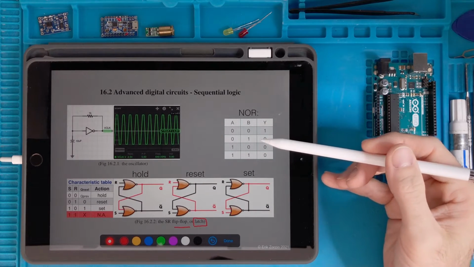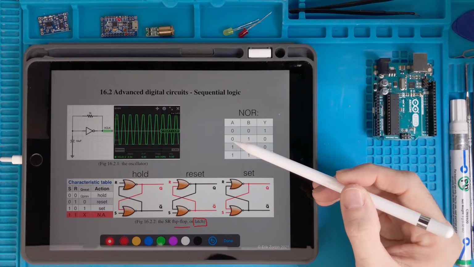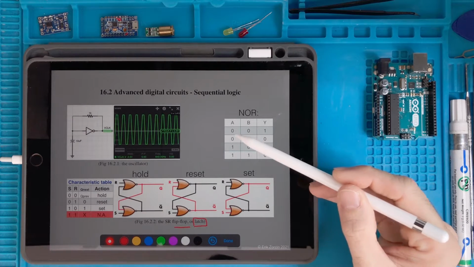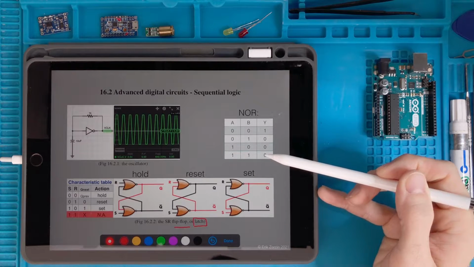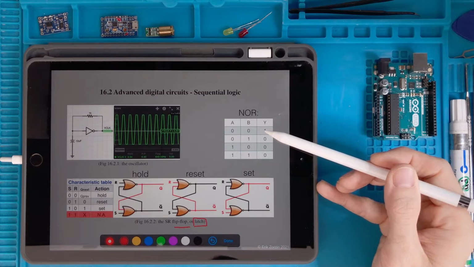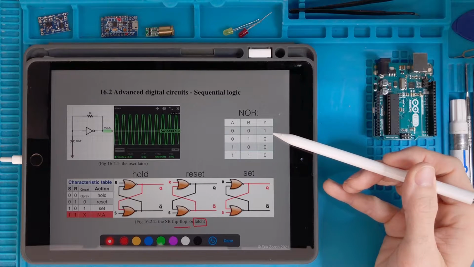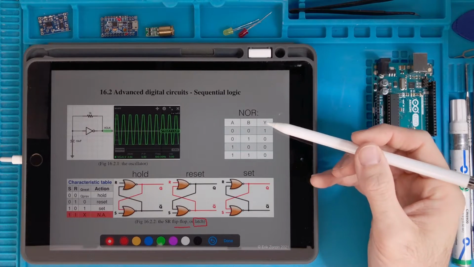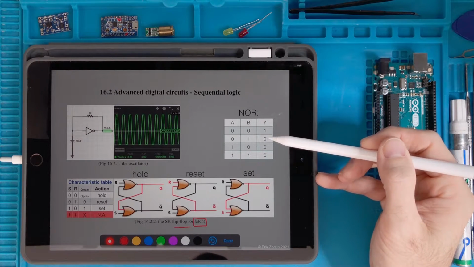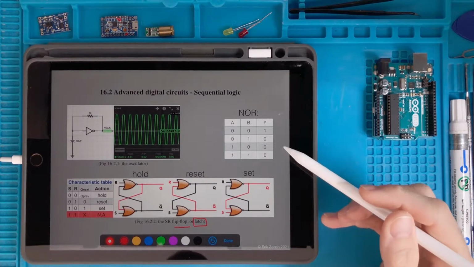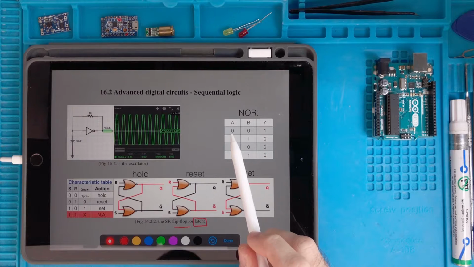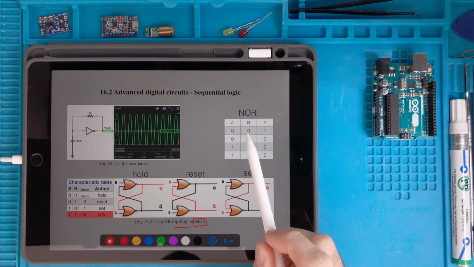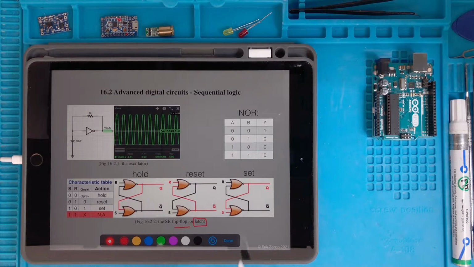The OR gate was the one for which all possible conditions but the first one produced a 1, the other one was producing a 0, and therefore a NOT gate at the output of an OR gate will produce this truth table. So in order to have a 1 for a NOR gate, we have to have a 0 and another 0 here. All the other possibilities give a 0.